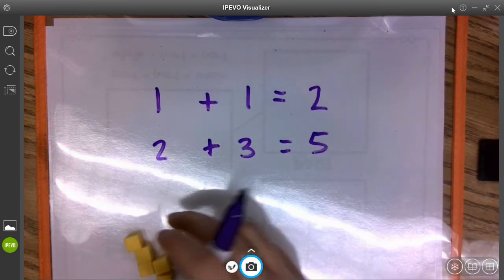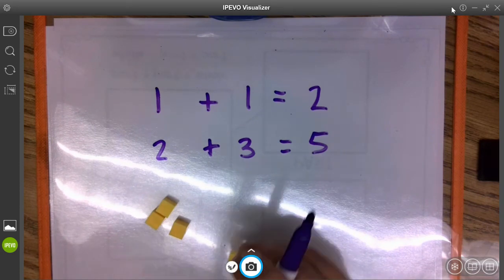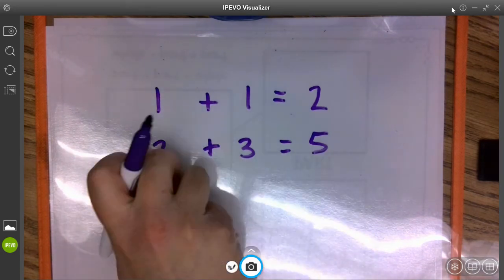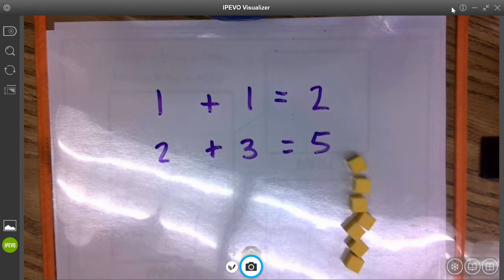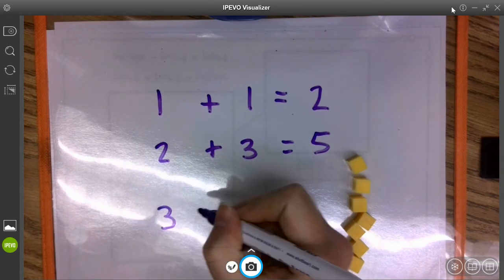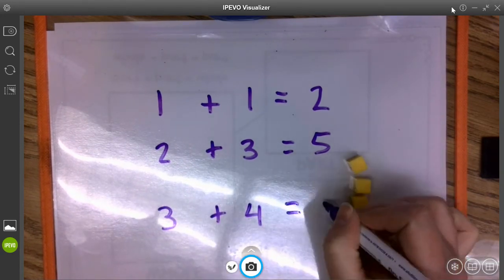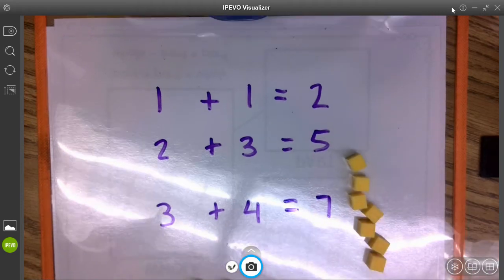If I start with a group of 3 and I add 4, I put them together and 3 plus 4 equals 7.